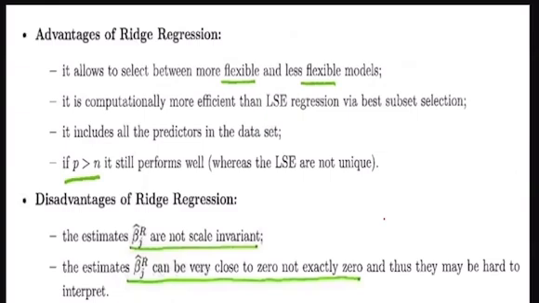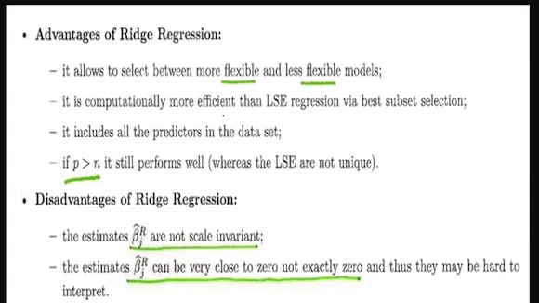Now, we've talked about ridge regression. We have the advantages of ridge regression, and we have disadvantages. I said it allows us to select between more flexible and less flexible models. It is also computationally more efficient than best subset selection, because with best subset selection you're going to go through all models.